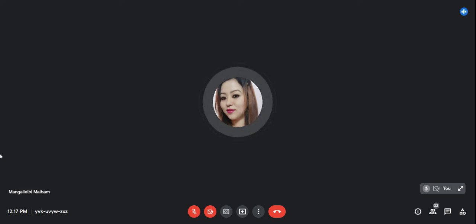So in the COCOMO model, we have three basic models: the basic model, intermediate model, and detailed model. And we also have three types of projects, otherwise known as development modes.